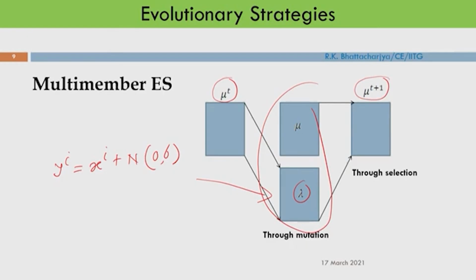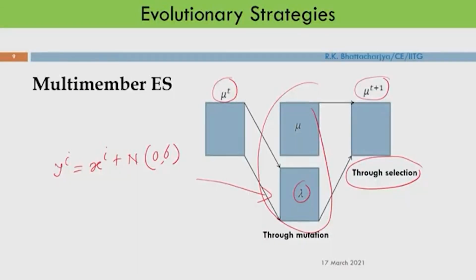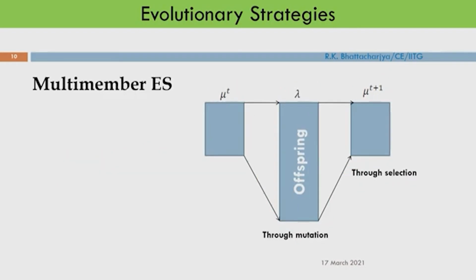And how I am doing that one? Through selection. So, you can apply selection operator. Suppose we have discussed several selection operators, that tournament selection, roulette wheel selection, proportionate selection. So, you can apply these selection operators, and out of mu plus lambda, you can select mu solution. Okay. So, you are combining this, and from here through selection you are creating mu solution.